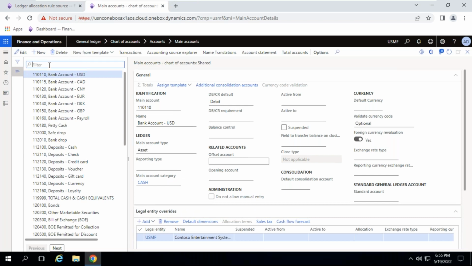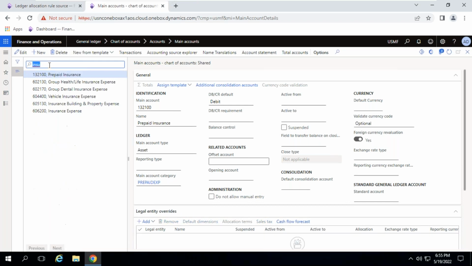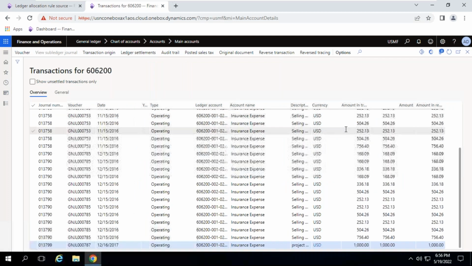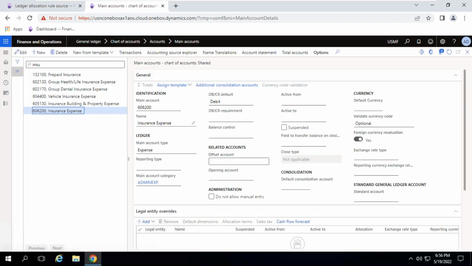Suppose I'm just checking whether any insurance account is available or not. Insurance expenses is available, 606,200. Let me verify whether any transactions exist. There are so many transactions. I want to create a new one.